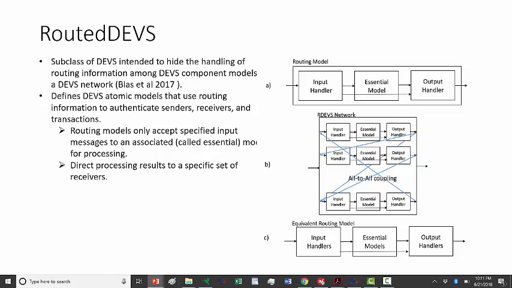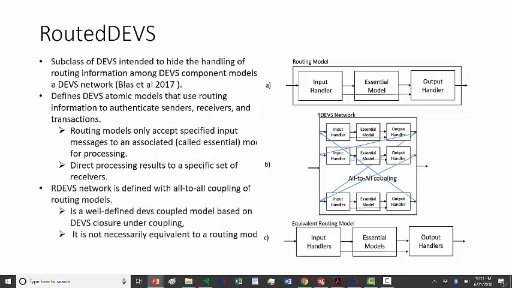The routed DEVS defines atomic models that use routing information to authenticate senders, receivers, and transactions, and it makes it more convenient to employ or express the routing within network-like models, and hides the implementation of the interfaces that are provided.